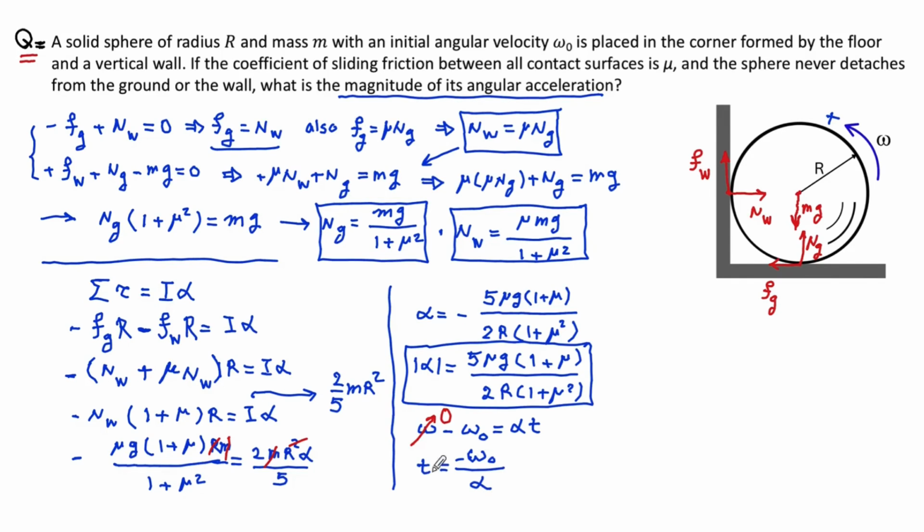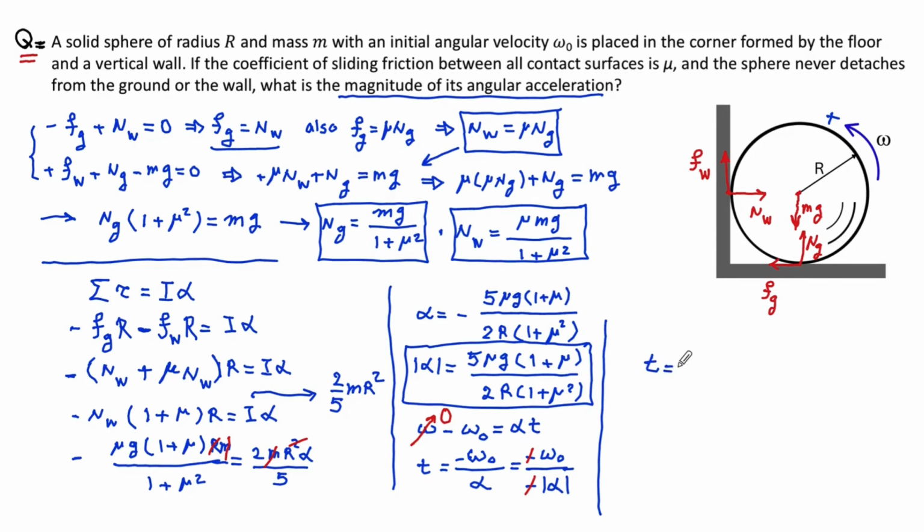But remember, t is not negative, t is positive, because alpha is negative. The final result will be positive. Therefore, we can write it here, minus omega naught over minus magnitude of alpha.